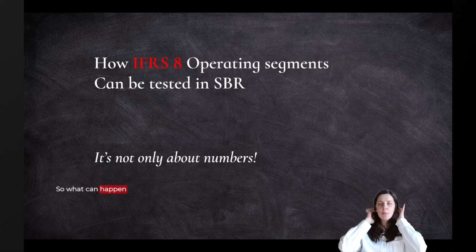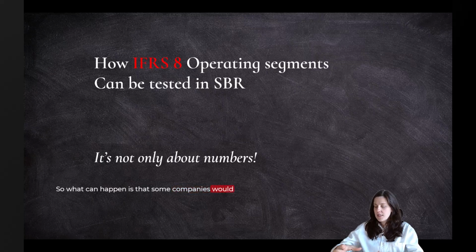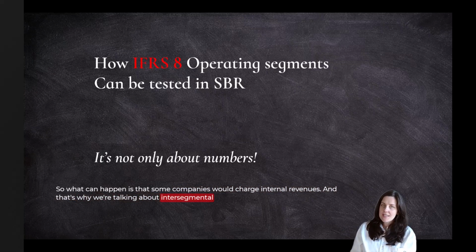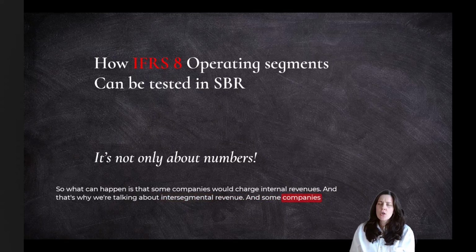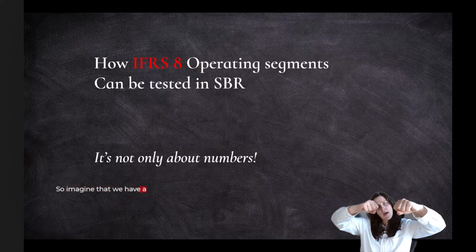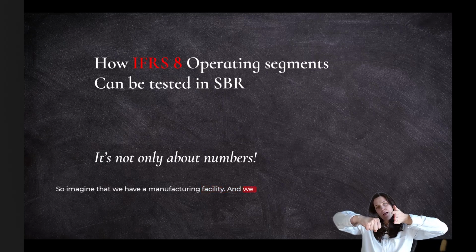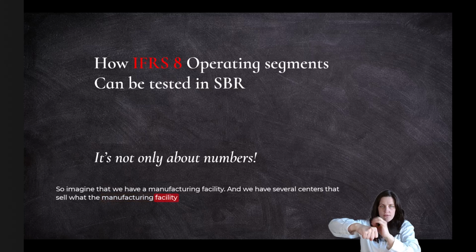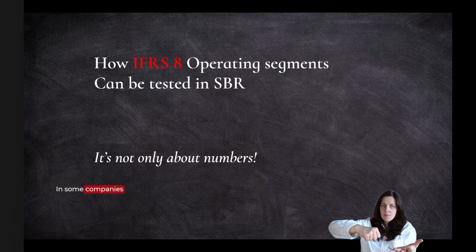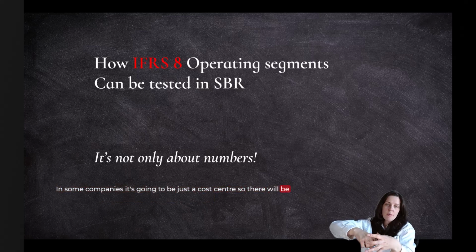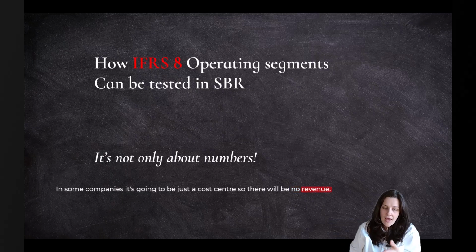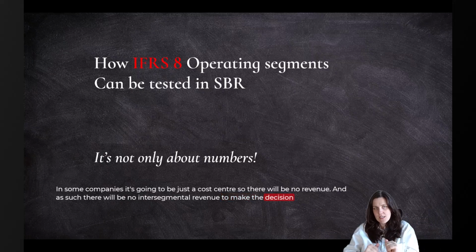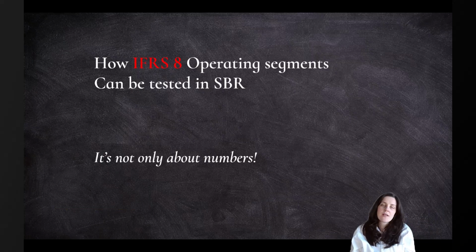And what can happen is that some companies would charge internal revenues, and that's why we talk about intersegmental revenue, and some companies won't. So imagine that we have a manufacturing facility and we have several centers that sell whatever the manufacturing facility produces. In some companies, it's going to be just a cost center, so there will be no revenue.